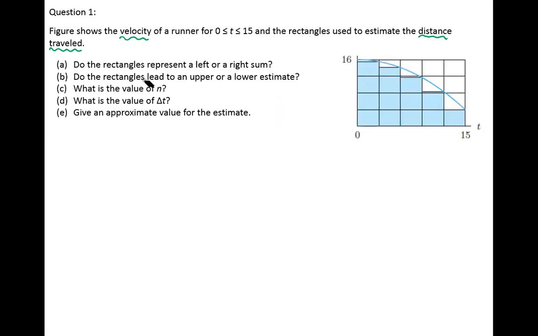Do the rectangles represent the left or the right sum? What do you think? These rectangles, the blue columns, represent the left or the right-hand side? It's the right-hand side, right? Because we do have, this goes by 3, 6, 9, 12, 15. And we can see I have my sub-interval between 0 and 3, and I believe 3 is giving me height.